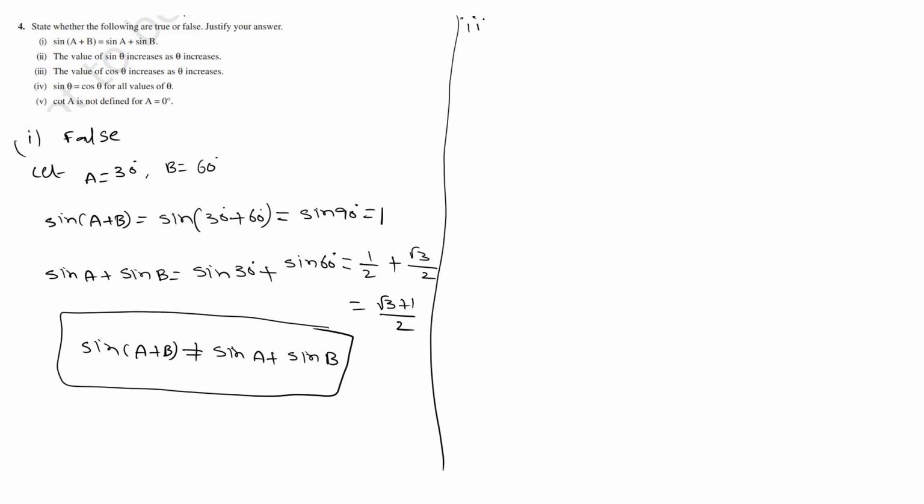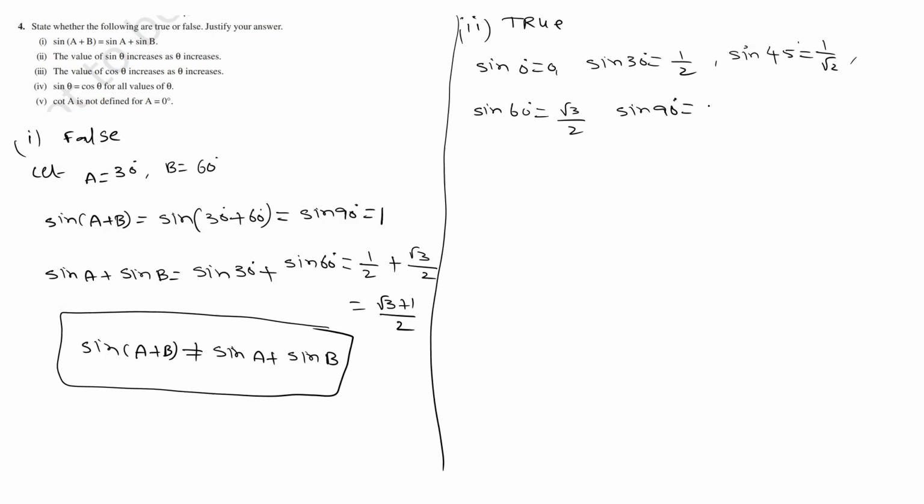Next, the second one: the value of sine theta increases as theta increases. Yes, this is true. How? We know sine 0 degrees is 0, sine 30 degrees is equal to 1 by 2, sine 45 degrees is equal to 1 by root 2, sine 60 degrees is equal to root 3 by 2, and sine 90 degrees is equal to 1.